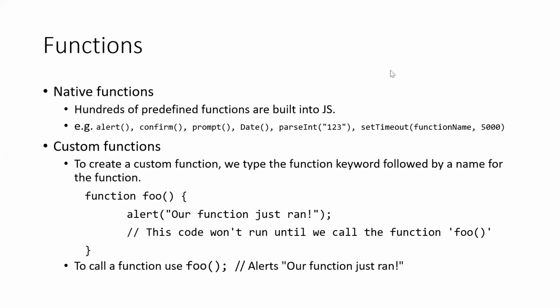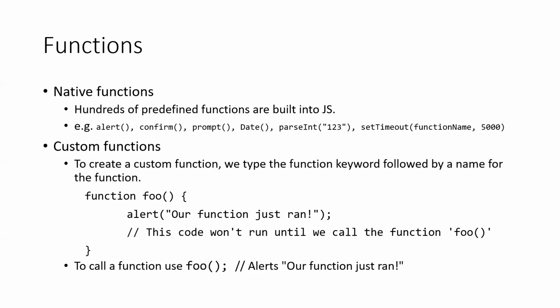Now that we have discussed this, let's look briefly at how functions are defined in JavaScript. We know there are lots of built-in functions. We already discussed alert, confirm, and prompt.